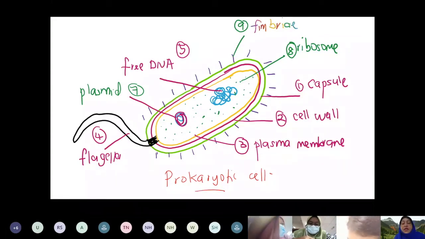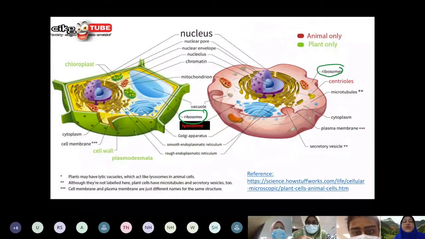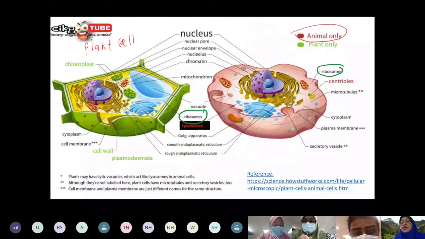So this, as you all know, the green color. What cell is this? This is the plant cell, and this is the animal cell. The red is animal cell, and the green one is the plant cell.